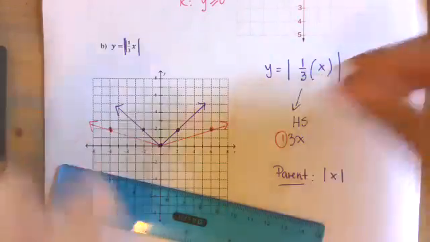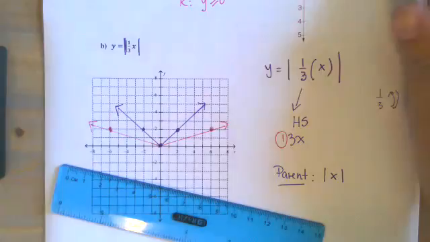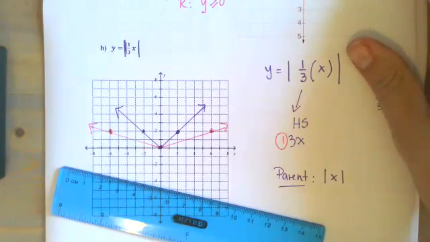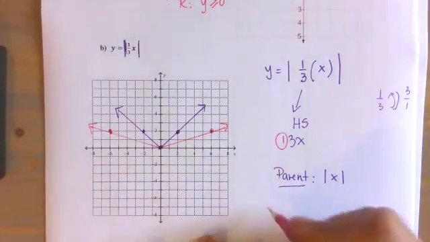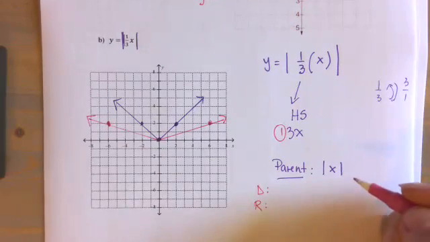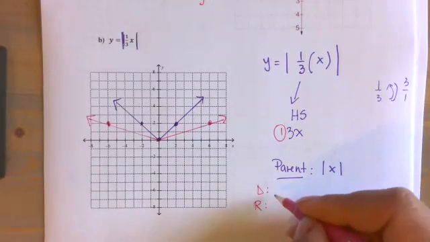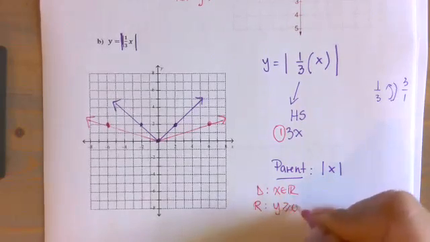Stretch horizontally, the graph has to be wider underneath the original graph. Same as before, the domain hasn't changed from the original graph. The domain is all of the real numbers and range y bigger and equal to 0.